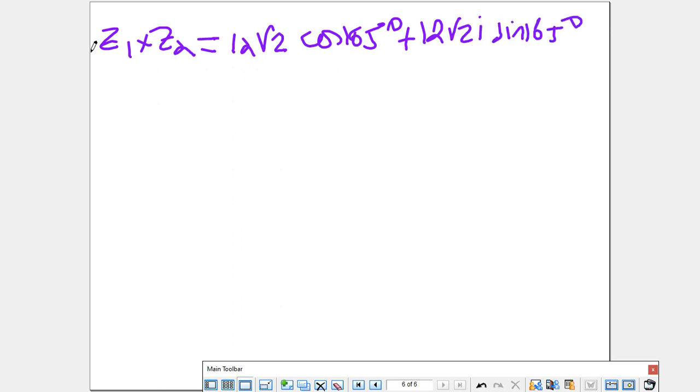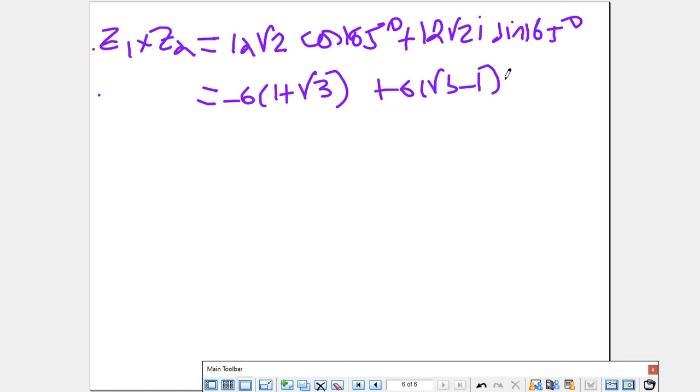This is the polar form. If I want to write the algebraic or Cartesian form, it's equal to minus 6 (1 plus radical 3) plus 6 (radical 3 minus 1) i, and then I just compare.